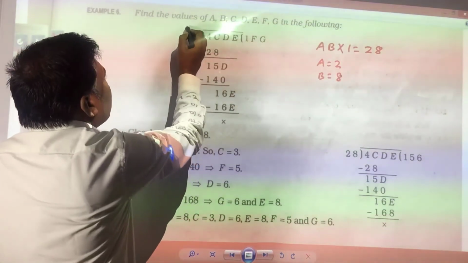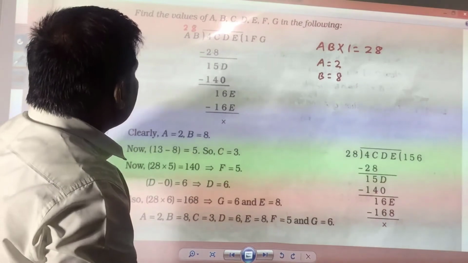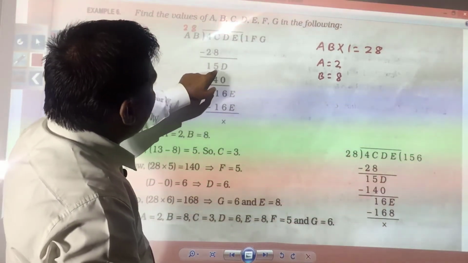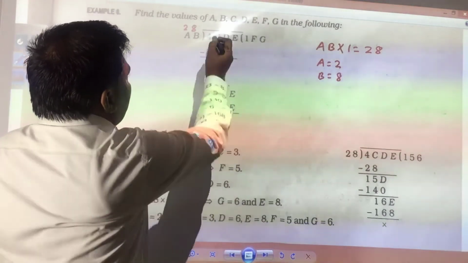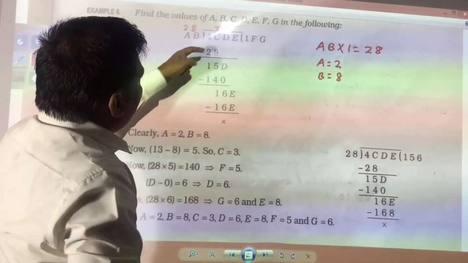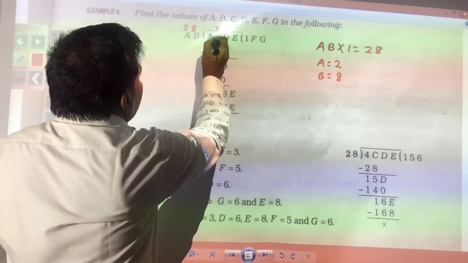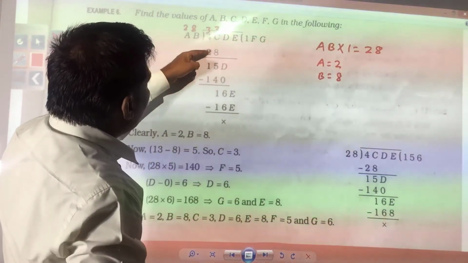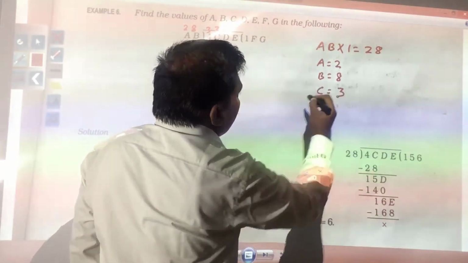So, here you have 2 and here you have 8. Now, if you are subtracting 8 from C and you are getting 5, it means you need to write over here 3, so that it will become 13, and 13 minus 8 will become 5, and then you have here 3 and 3 minus 2 you have got 1. So, C you have got 3.